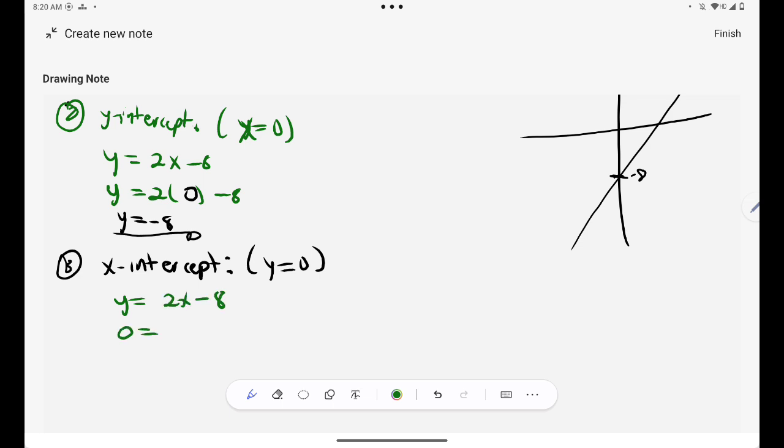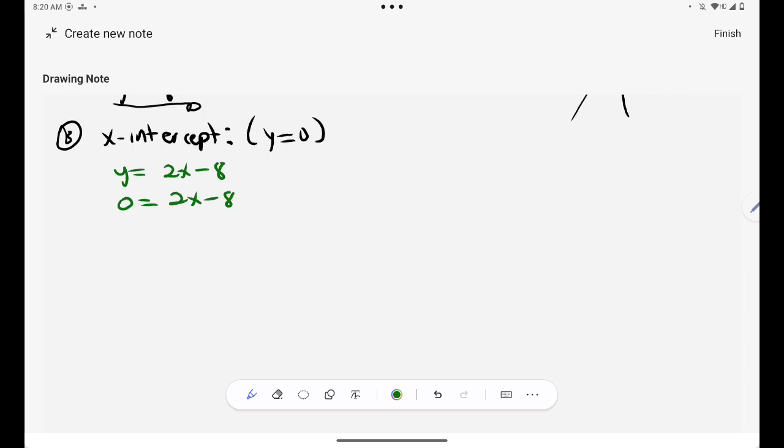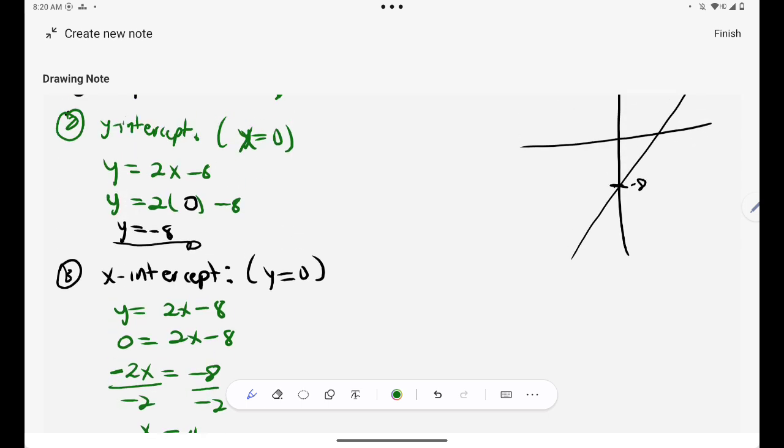If I make y 0, for me to solve x, I just need to take the 2x to the other side. I'll have negative 2x = negative 8. Divide both sides by negative 2. Then x is a positive 4, right? That means this point here is 4.